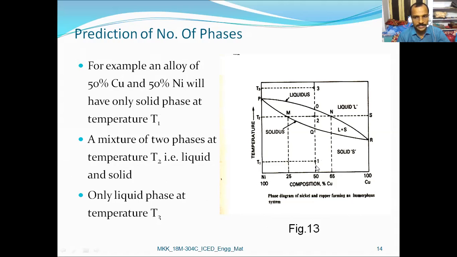A solid phase is observed at a temperature T1, and a mixture of solid and liquid is observed at T2. So liquid as well as solid, that is observed at T2 temperature. And only liquid phase is observed at T3 temperature. This is liquid state or liquid phase, that is at T3.